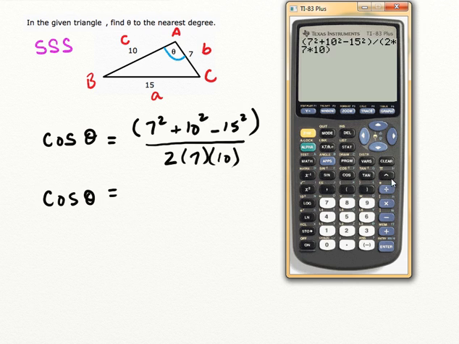So please make sure that you are careful when you're using your calculator to evaluate the total numerator and then divide it by the denominator. When I get that, I get a value of negative 0.542857.